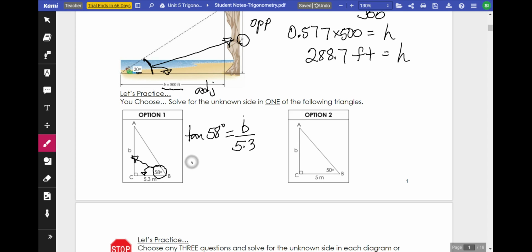So the tangent of 58 is 1.6, and we'll multiply by the 5.3, and that's going to give us 8.5. So b equals 8.5 in this case, meters. Okay, you try option 2.